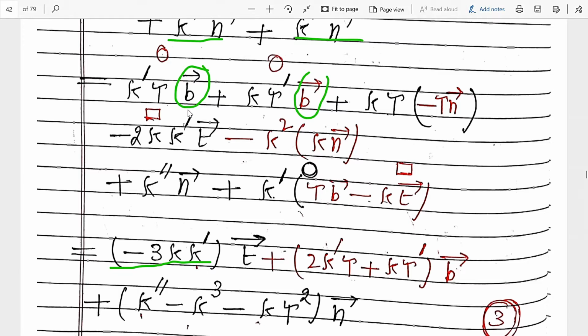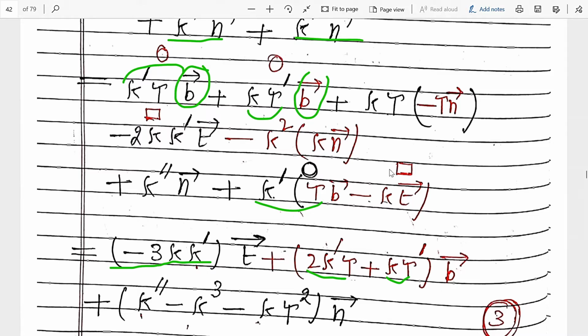So what do we get? We get 2 kappa dash tau plus kappa tau dash, into b vector.